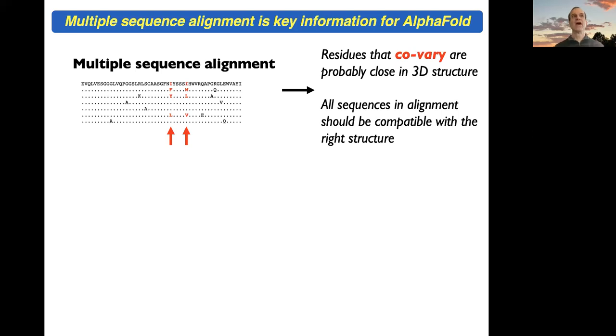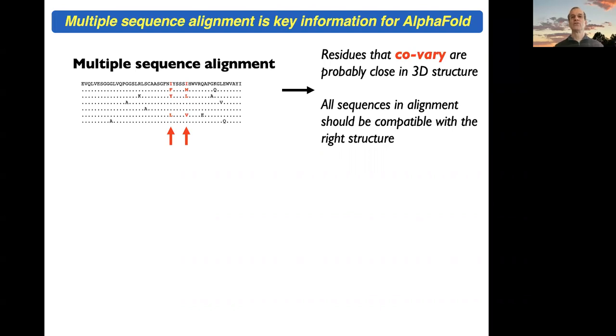Now, AlphaFold is not programmed to interpret any of these things that I just showed you. AlphaFold learned how to analyze sequence alignments. We don't actually even know if it does what I just told you, but it seems reasonable to suspect that it does, since this is the information that is present.